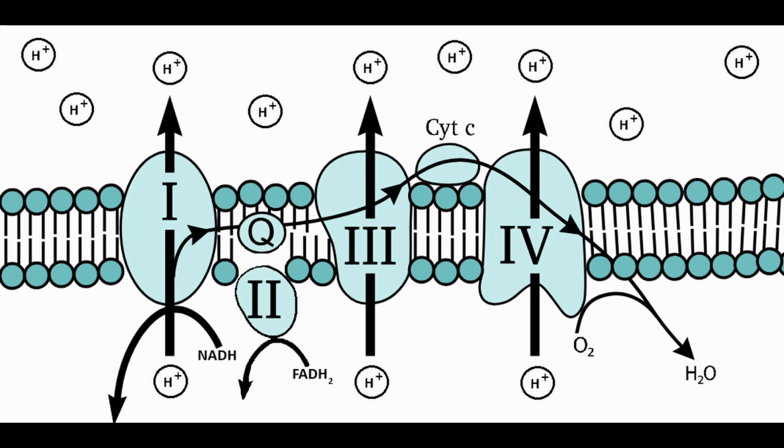When the electrons make it to complex 3, once again, the multi-protein complex uses the energy to pump more protons into the intermembrane space. This further reinforces the electrochemical gradient across the membrane. The electron is then transferred to the next stage in the ETC, the Cytochrome C protein.